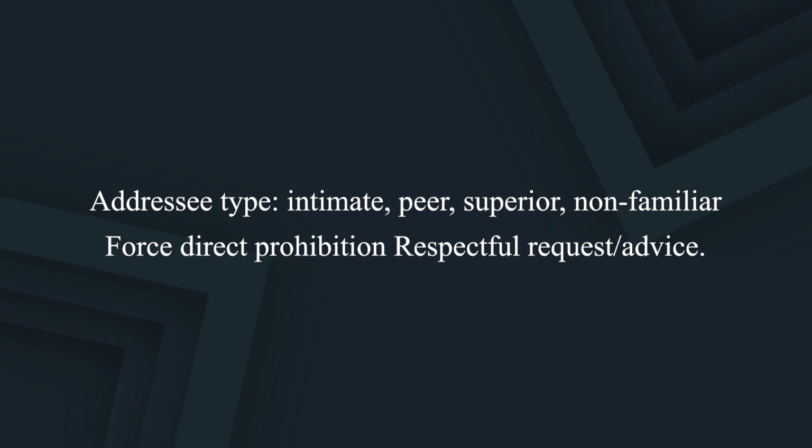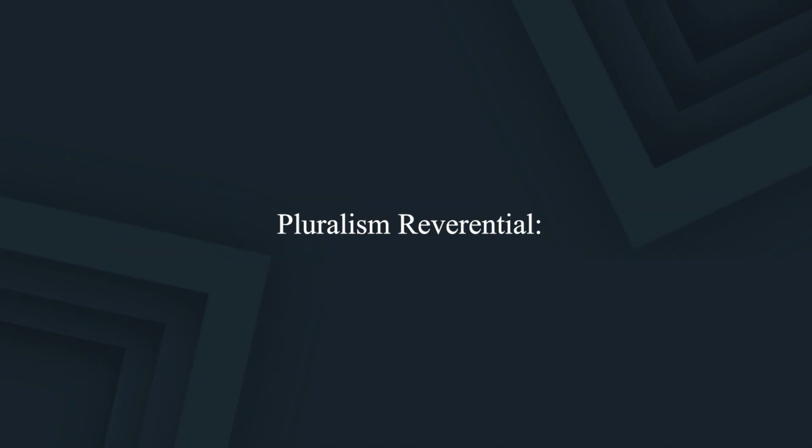Force: direct prohibition; respectable request or advice. Pluralism reverential: the use of the second person plural suffix akandi for a single individual implies honorific plural across linguistic phenomena where plural number marks respect.